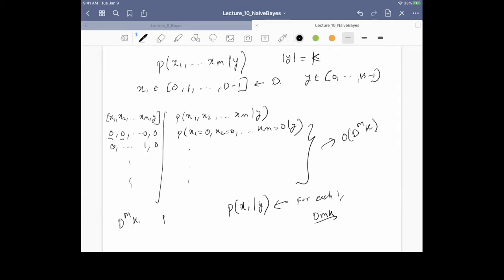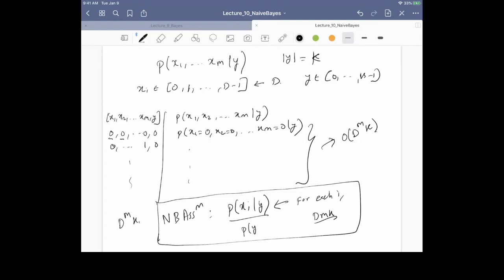And thanks to the naive Bayes, we now just need to store P of xi, and additionally we also need P of y, because when you're looking at the likelihood, we'll require P of xi given y, and we'll require P of y as well.